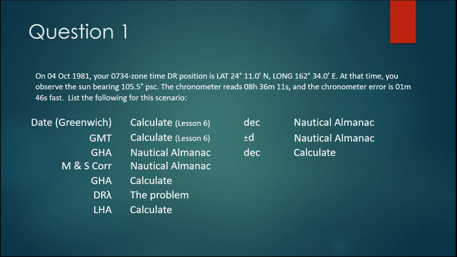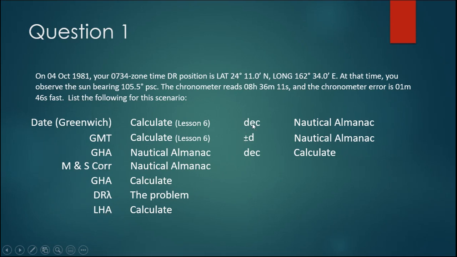Greenwich hour angle. From there, we'll get the DR lambda. That little squiggly line right here beside DR is the Greek letter lambda. We use that to denote longitude. DR longitude, that comes from the problem. We'll apply that DR longitude to the Greenwich hour angle, and it'll calculate something we call local hour angle, abbreviated as LHA.